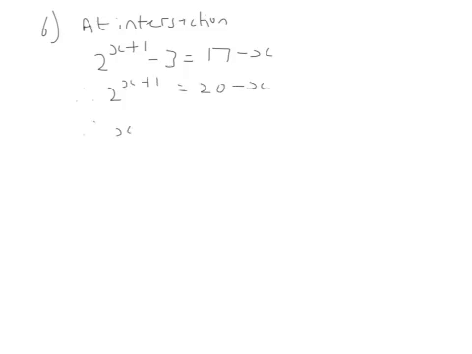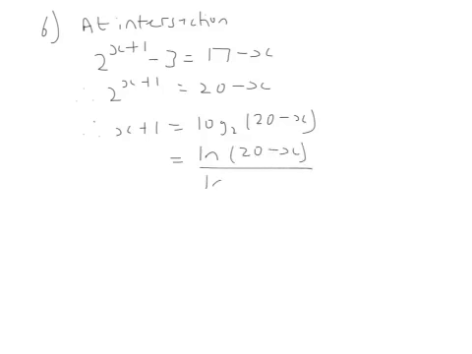So therefore x plus 1 is log to the base 2 of 20 minus x. Now they've got it in terms of log to the base e, so let's change this to ln of 20 minus x, and the change of base formula we need to write log to the base e of 2 there. So therefore x is ln of 20 minus x divided by ln 2, take away 1 as required.